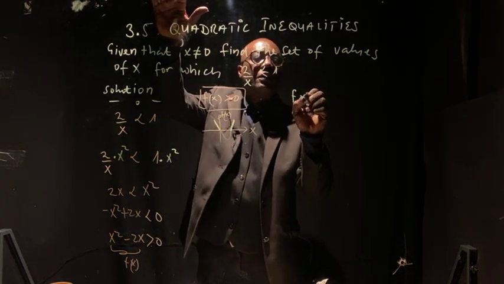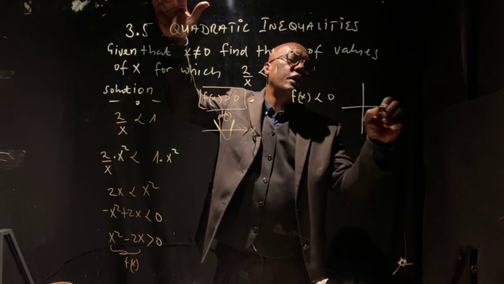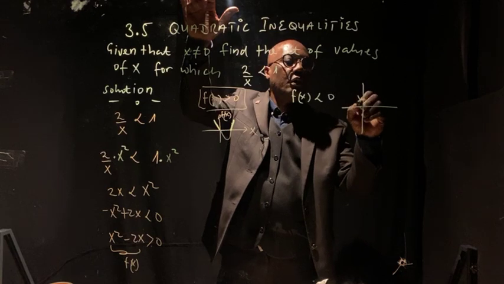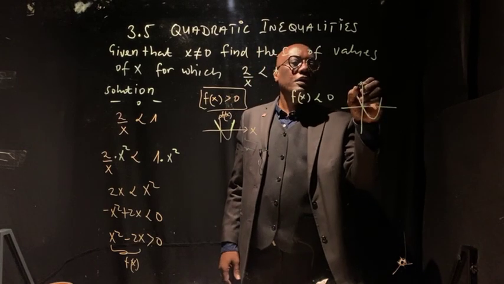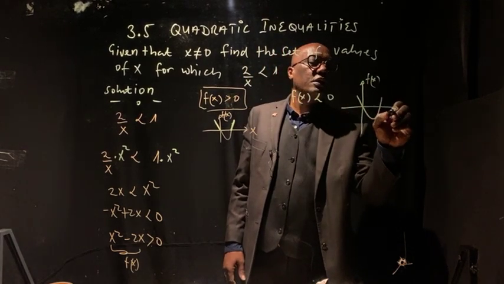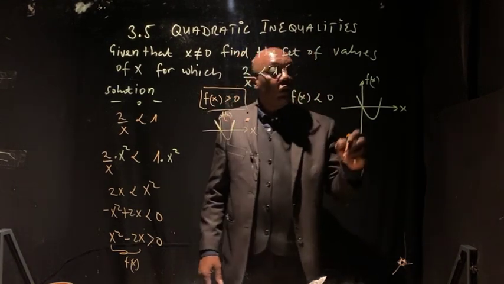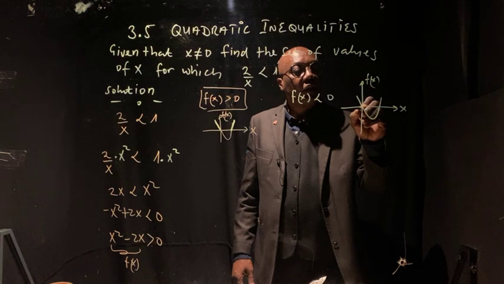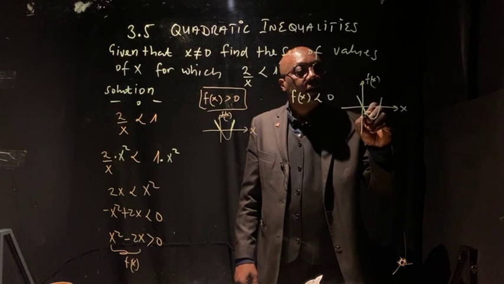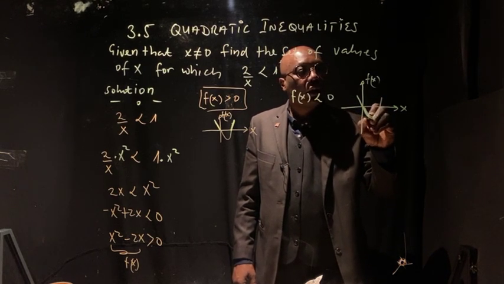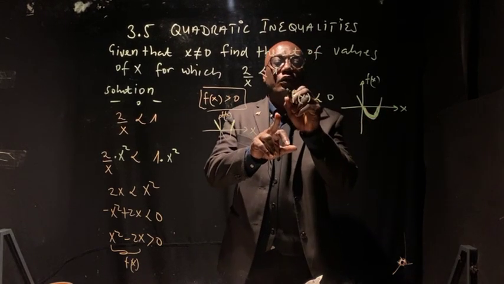When you have f of x less than 0, and assuming the graph looks like this, then when this one is f of x and this one is x, when f of x is less than 0, then we will consider that portion of the graph below the x-axis, this portion. Yeah, this portion.